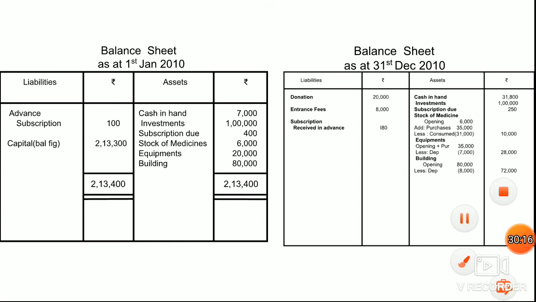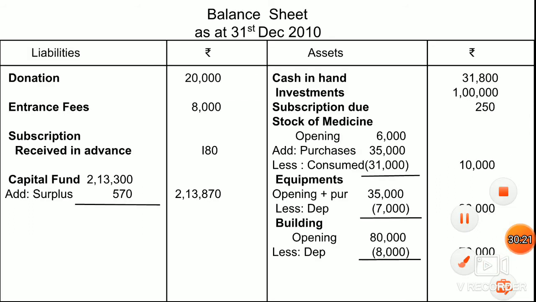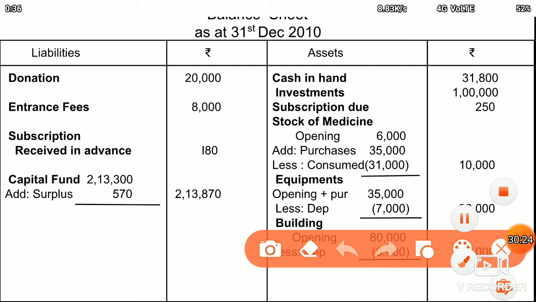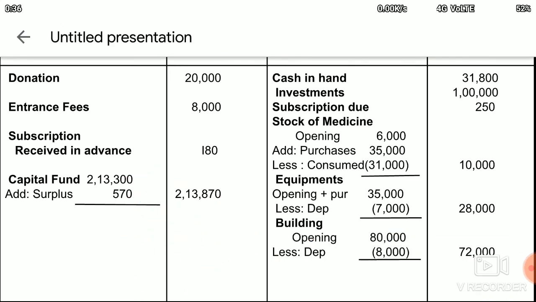So after we enter the capital fund, 2,13,300, we will add the surplus that we got from preparing the income and expenditure account, that is 570. Surplus will be added and deficit will be deducted from the capital fund. Here we have a surplus, so we will add it. After adding the surplus, the capital fund will be 2,13,870. So we have entered all the items.